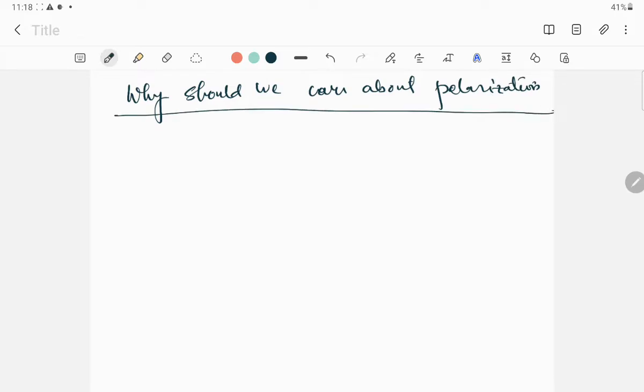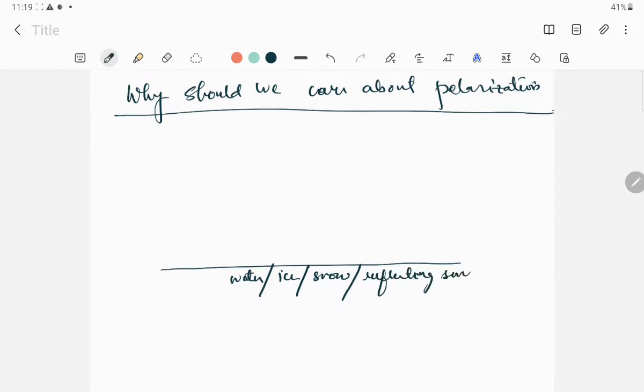We have an experience that suppose you are standing near a water surface, or some ice or snow or any kind of reflecting surface. Obviously you are outdoors, the sun is shining so brightly, and most of the time we face that the light is coming.